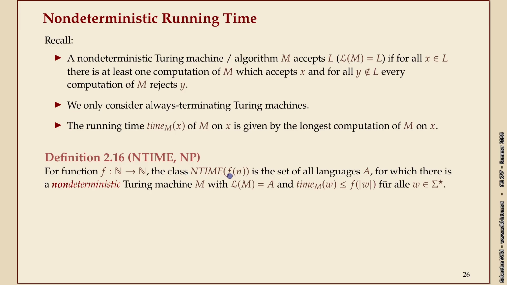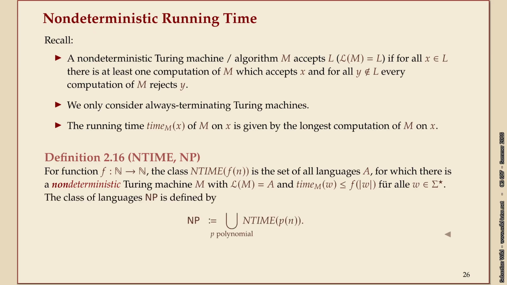We have a similar notion to TIME, which is NTIME. That's the same setup. We have a bound for the running time. Now it's the set of all languages for which there is a non-deterministic Turing machine that accepts it in that time. Otherwise, the same thing as TIME, but NTIME means non-deterministic.